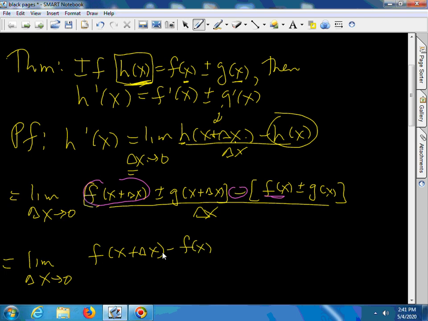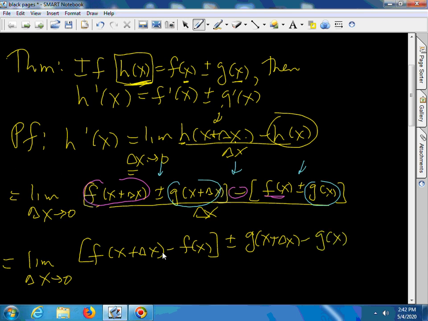Minus f of x plus or minus g of x plus delta x minus g of x. And they both have the plus minus, so it's just plus minus g of x plus delta x minus g of x. And the whole thing is over delta x.